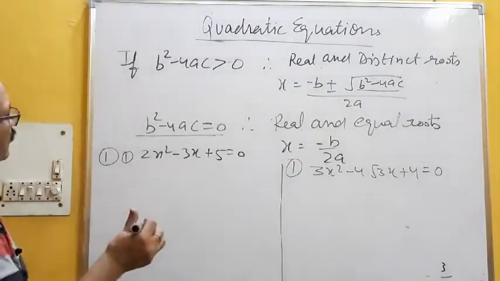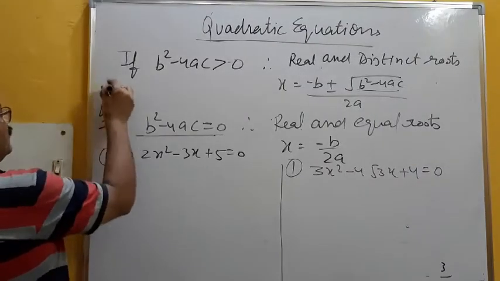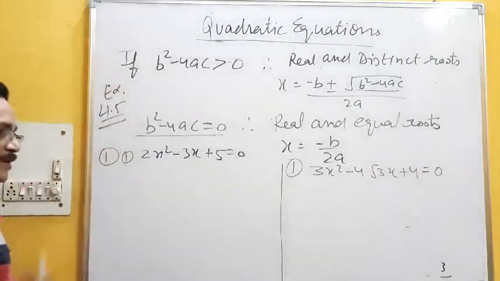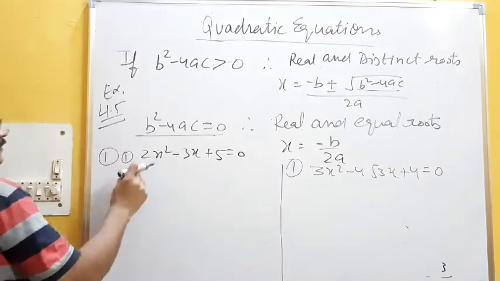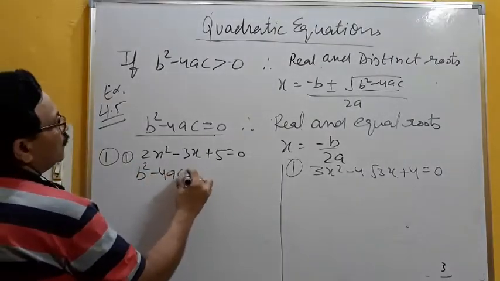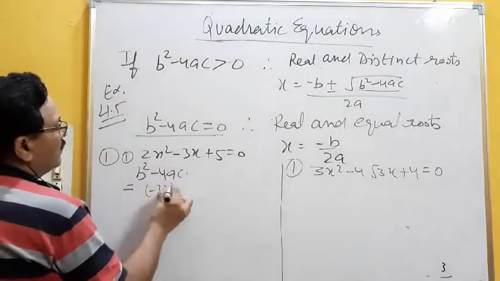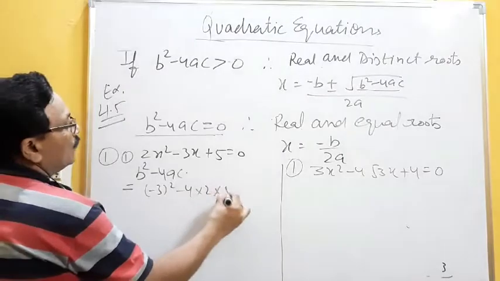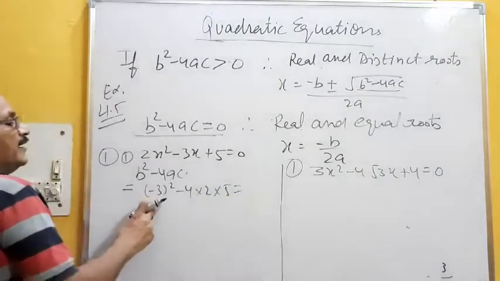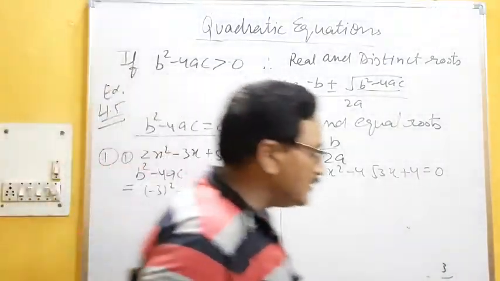So here I am checking exercise 4.5. I am doing question number 1, first part. So same thing is here. b square minus 4ac, you will check. So what will this give you? b square, 3 square, minus 4 root 12 into 5, 3 squared is 9. Okay, plus 5 or minus 5 it is, I will just check and tell you.